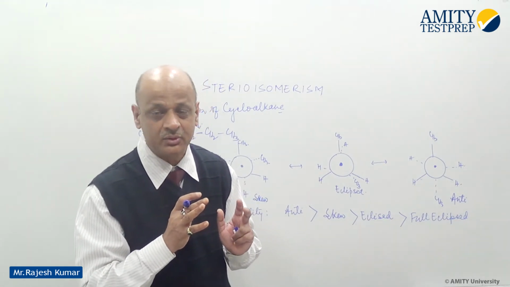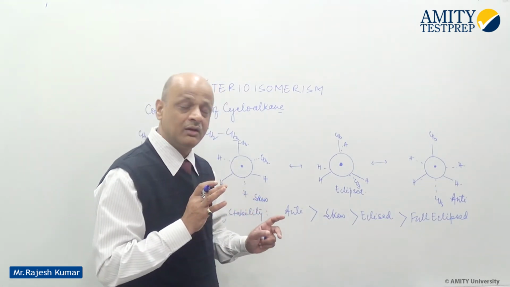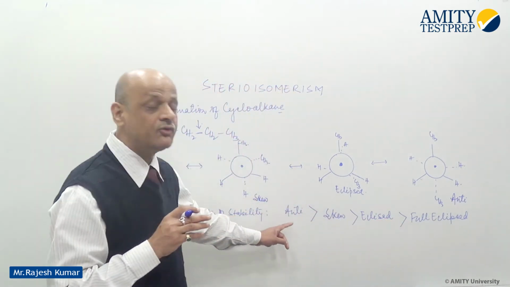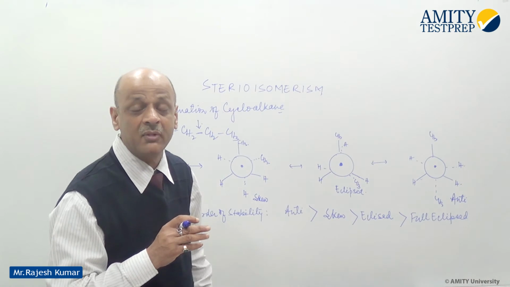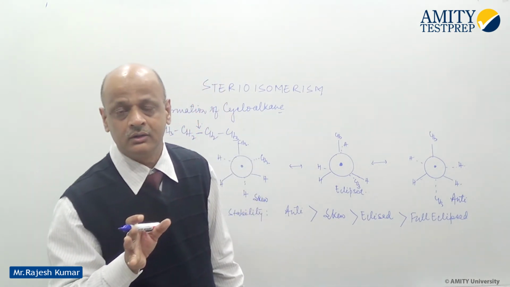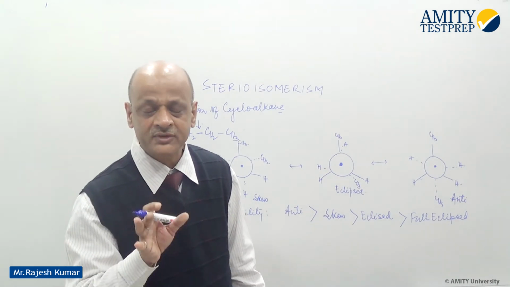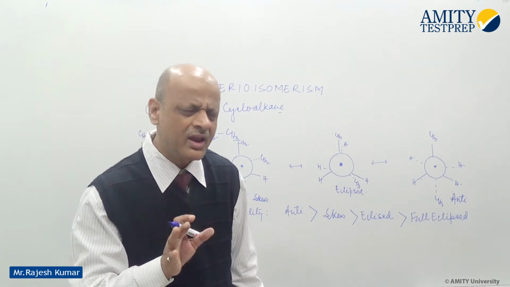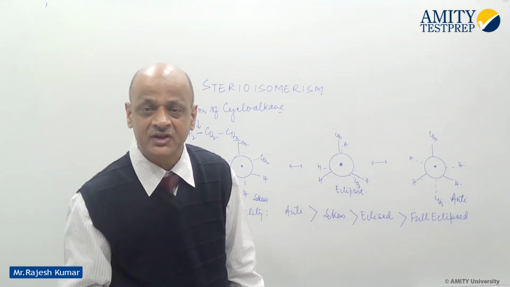That's why it is least stable. So in the full eclipsed there is maximum energy and least stability, while in the anti form there is minimum energy and maximum stability. So in this way we can represent the conformational isomerism in butane or in any other molecule along a carbon-carbon single bond.